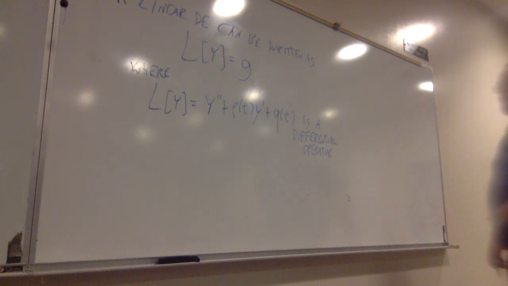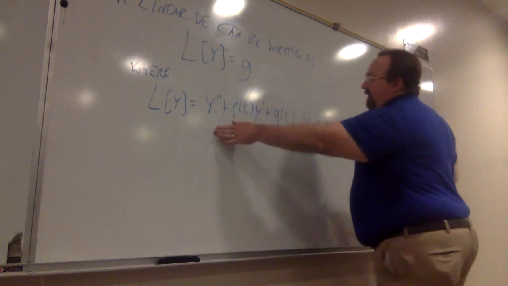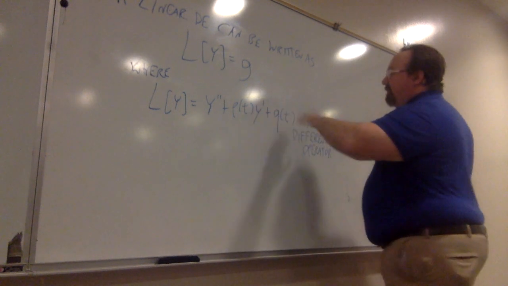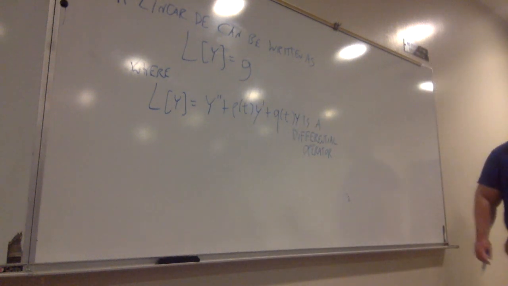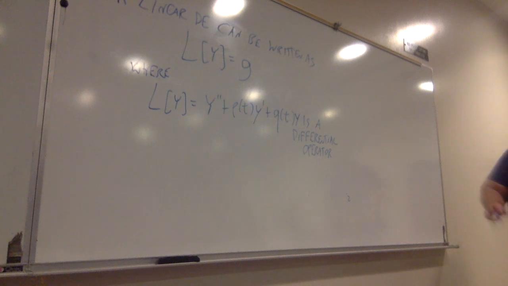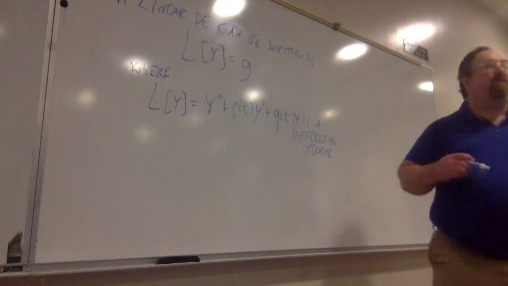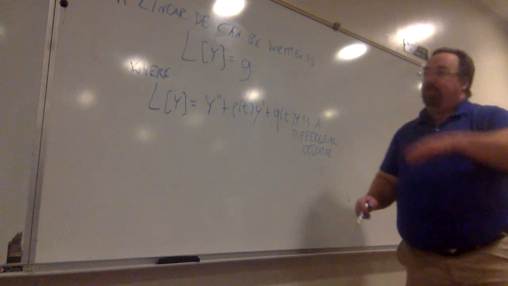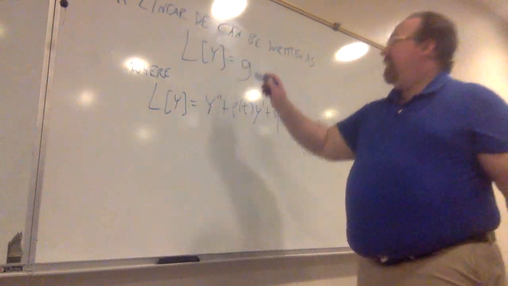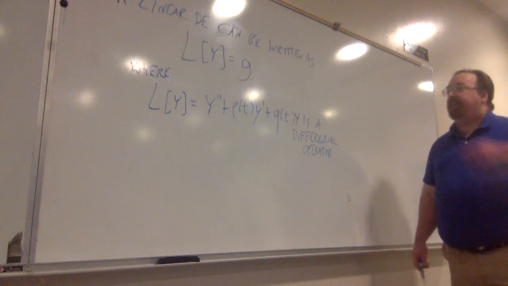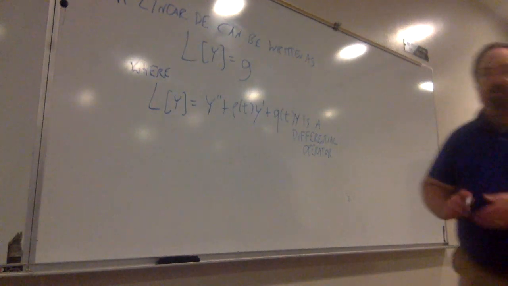What's being done to y in this case? Taking the second derivative, adding p times the first derivative, adding q times y. All of that process, going from y to this, is applying a differential operator L. So that equation over there is written as L of y is equal to g. It's a helpful shorthand.